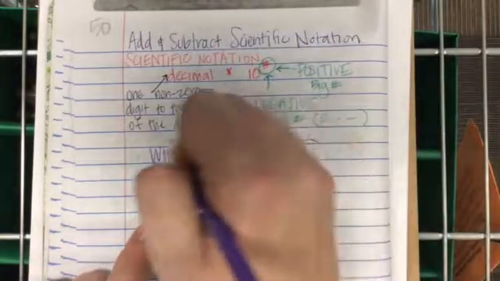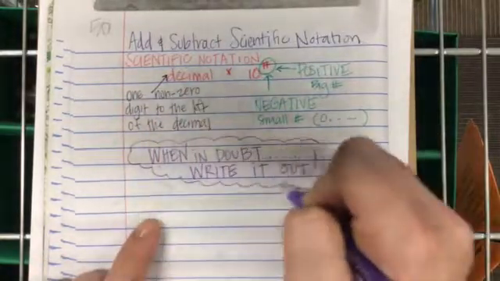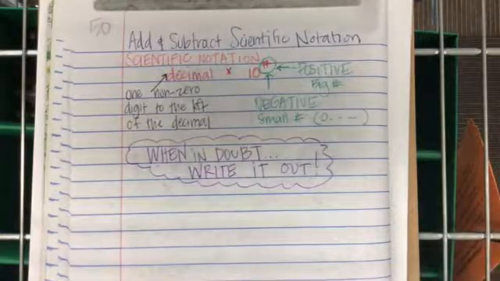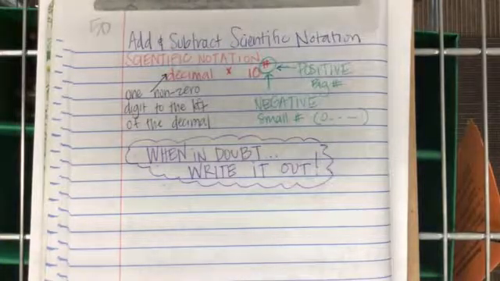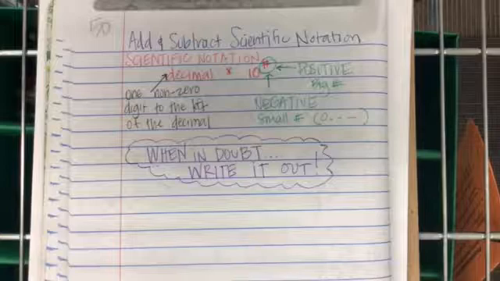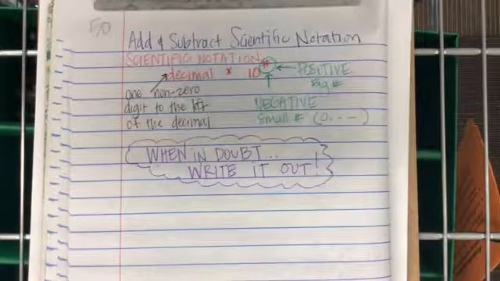That's going to work. Now, what did we learn about this rule of when in doubt, write it out? Is this a shortcut? No, it's way more work, right? But it's still going to get you the right answer.